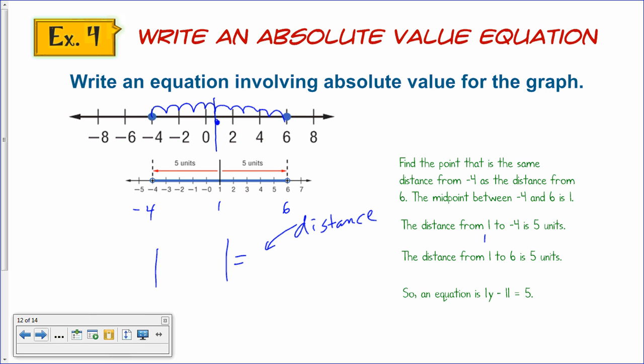What's the distance? 5. Good. So I'm going to put 5 there. Okay, what goes inside? Start out with y, or any variable. What was my starting point? 1. The starting point was 1, so you've got to put a -1.